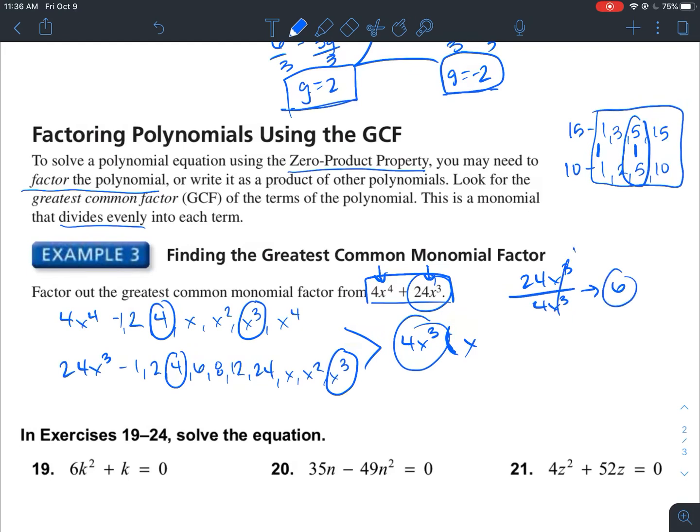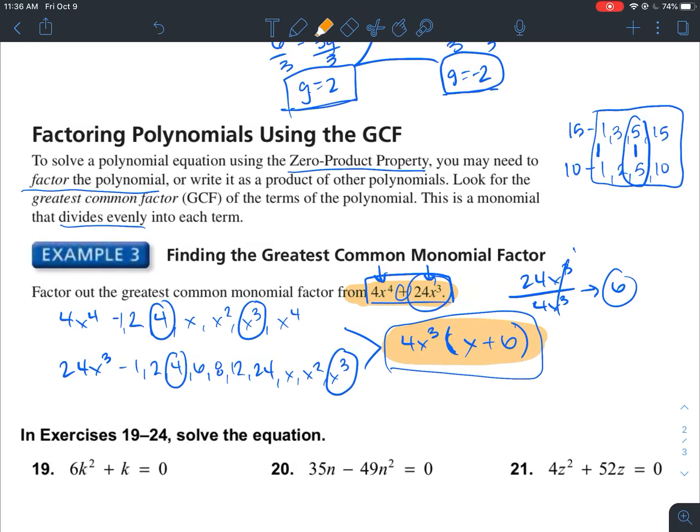So then I just have 6. So then I say plus 6. So now I've completed the process of taking a polynomial that's in standard form, and now I have the same polynomial in factored form.